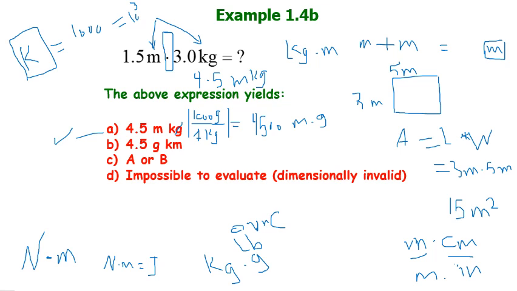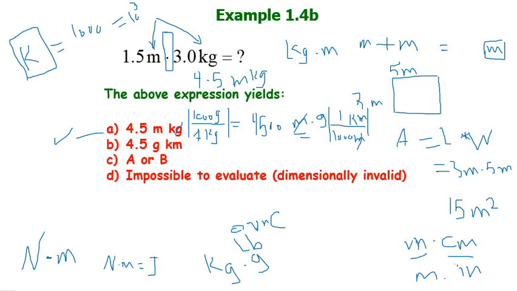So we want to convert meter to kilometer, the conversion factor. We want to cancel the meter, so the meter would be down and the kilometer will be up. 1 kilometer times 1000 meter.